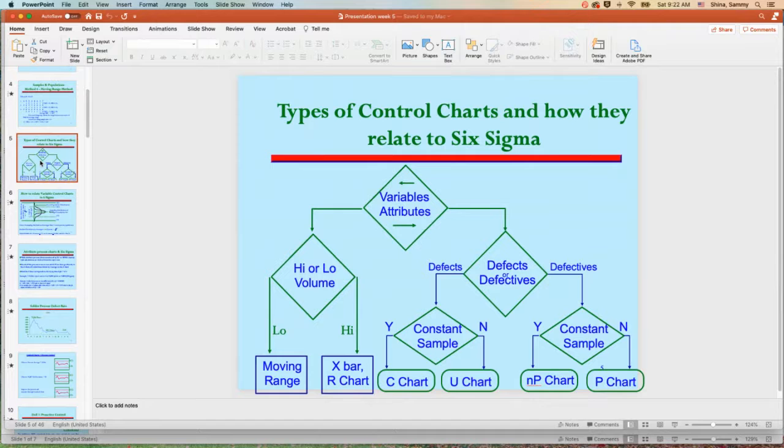So for instance, I use the example of a car door. If you're measuring a bolt, and all of a sudden the bolt length is greater than the upper control limit or lower than the lower control limit, that might indicate a problem.